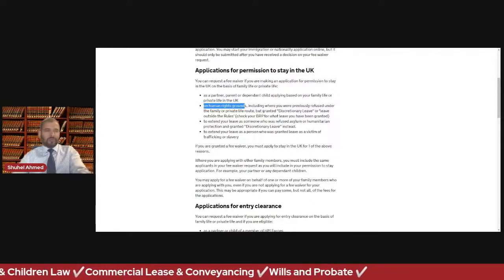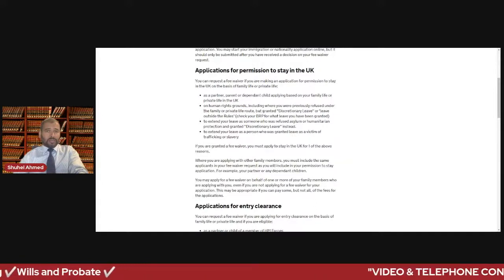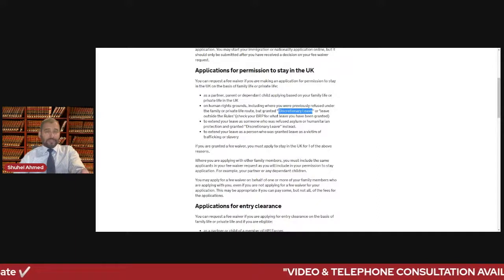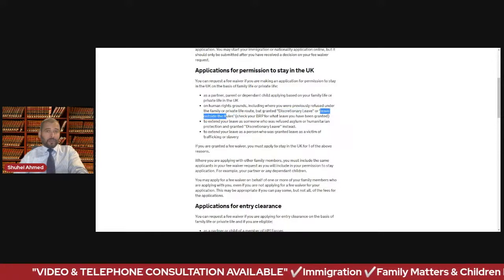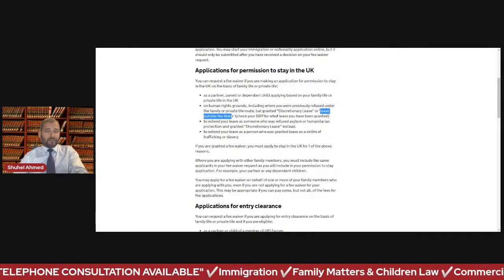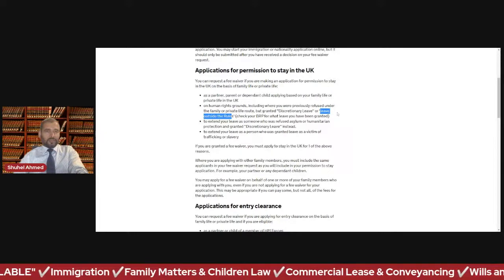So this is basic information. But anyway, also if you want to make an application on discretionary leave, for example, a Set(O) application, you can, or if you want to make an application for leave outside the immigration rules. Now, leave outside the immigration rules is very wide.